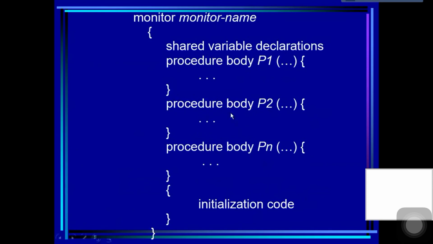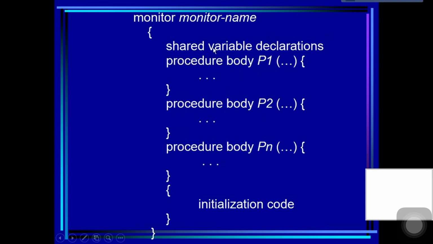The representation of a monitor type cannot be used directly by the various processes. Thus, a function defined within a monitor can access only those variables declared locally within the monitor and its formal parameters. So we can see here there are variables and also the procedures that operate on the variables.